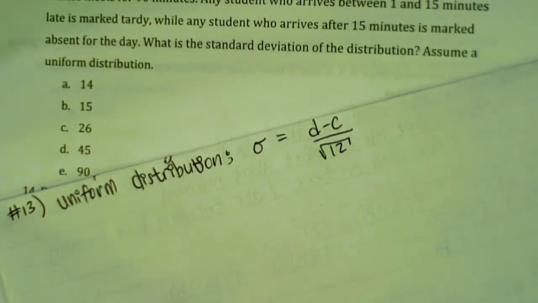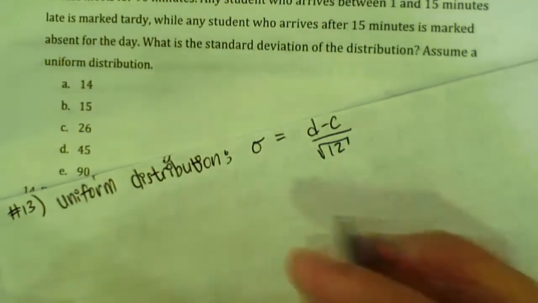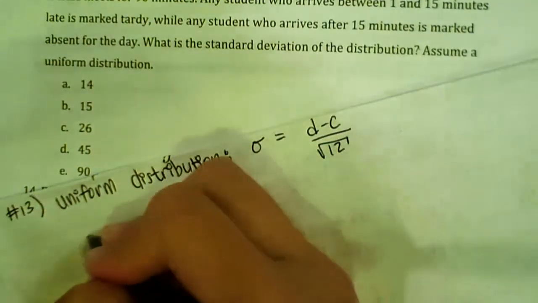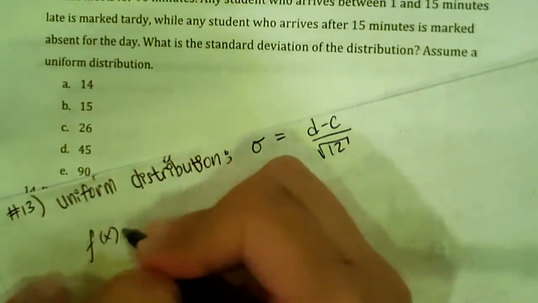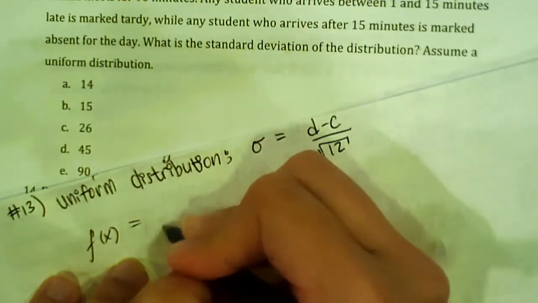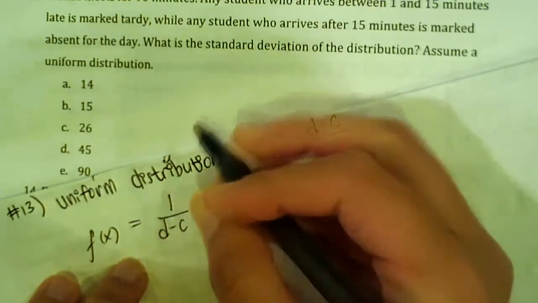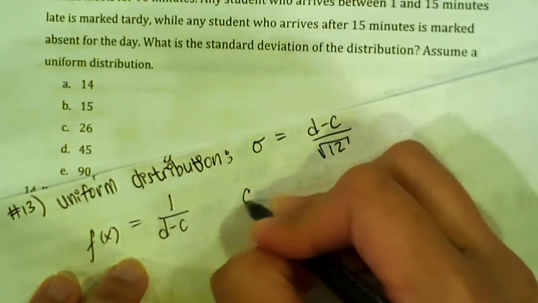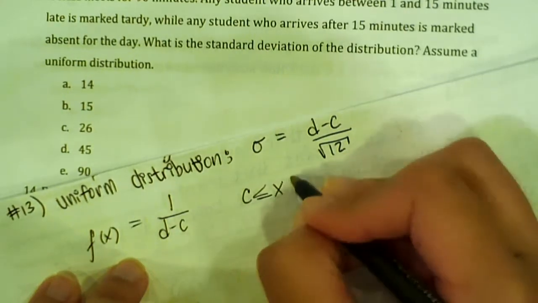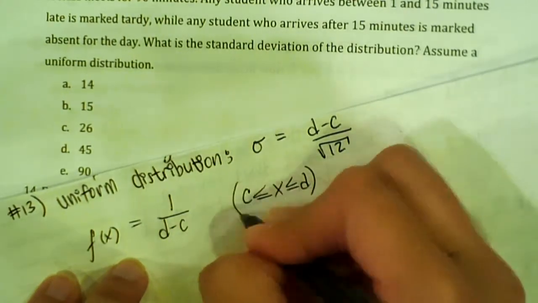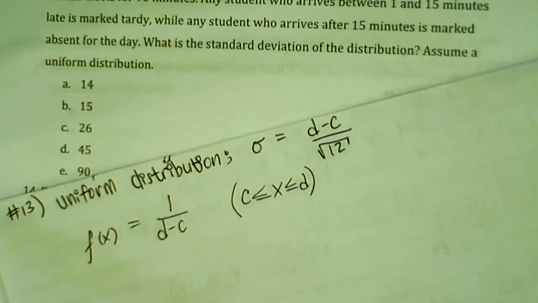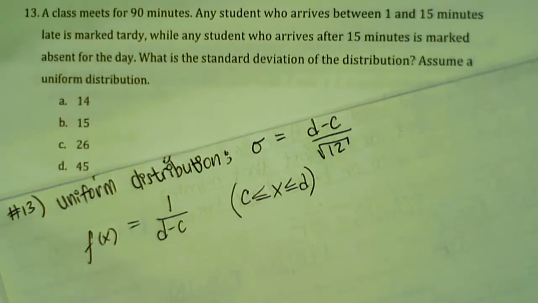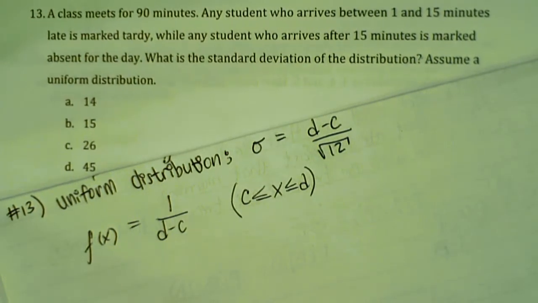Okay, so let me also put here the general formula. So we have D minus C over 1, and then with C. So basically, what is the range that someone could come in at?